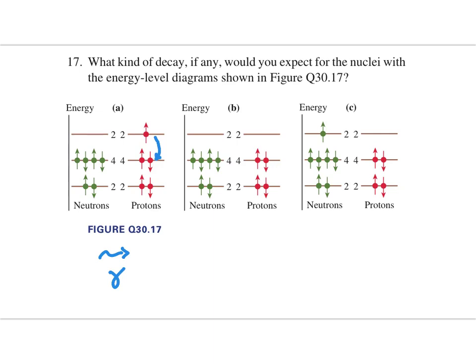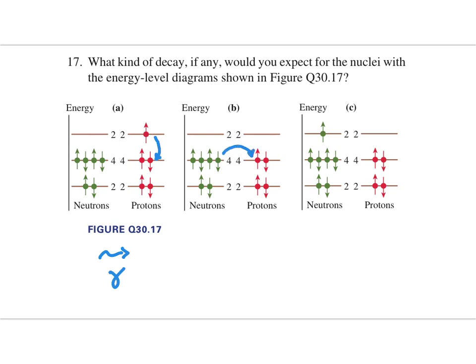If I have case B right here, I've got 4 neutrons in that top level. So let's start that over again. That wasn't making sense. I've got 6 nucleons over here, and I've got 4 over here. So 6 neutrons, 4 protons. That one looks pretty stable. You could move a neutron over and make it into a proton.